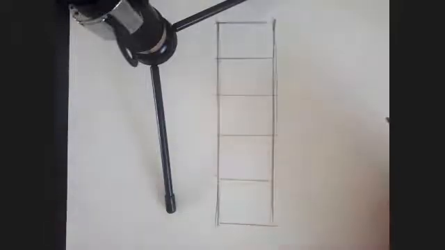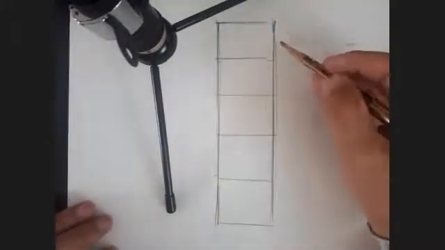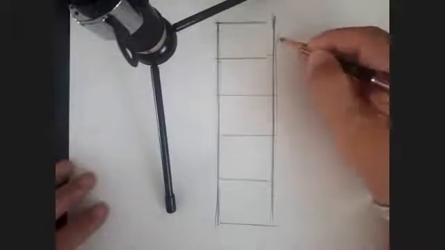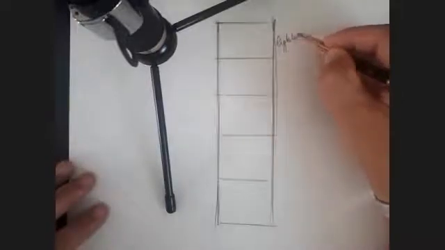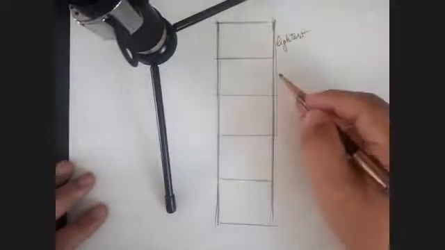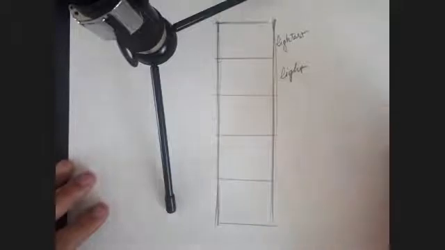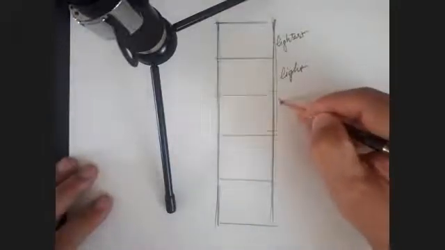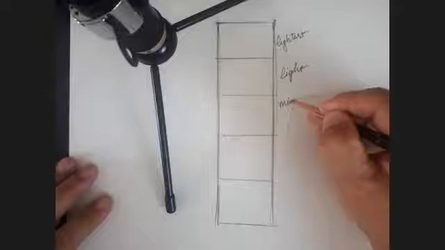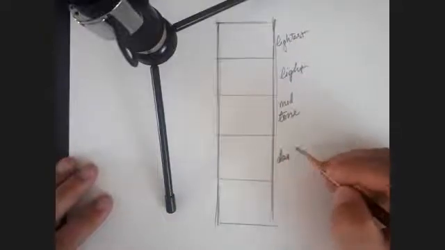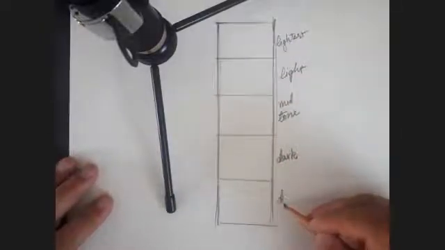And those 5 sections are gonna represent respectively 5 values. The first one is the lightest. The second one, light. The third one, mid tone. This one, dark. And darkest.